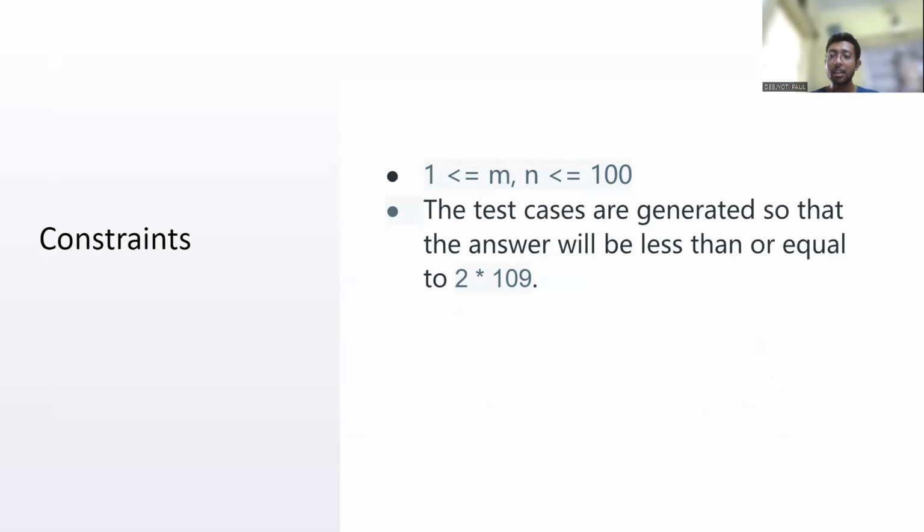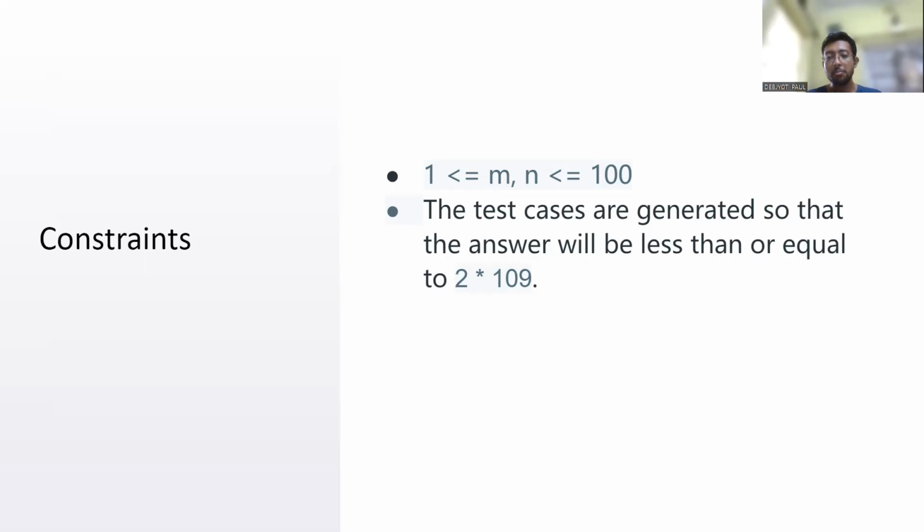That means we are guaranteed that there will be at least one cell, and at most there can be 10,000 cells, because m and n can be 100, so 100 cross 100 is 10,000 cells. We are also given that the number of unique answers will always be less than 2 to the power 109, which means it will not overflow an int. These are two things that we are given to better code this problem.